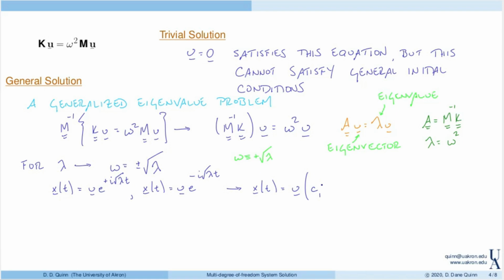So we'll assume that one of the constants is c1, and then e to the i omega t, and c2 would be the second arbitrary constant, with e to the minus i omega t. And again, this is superposition.